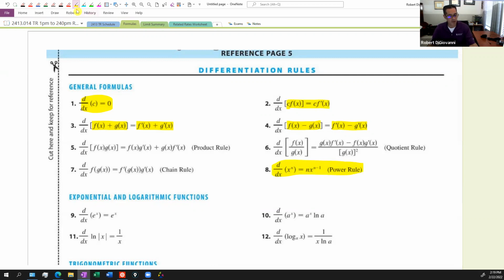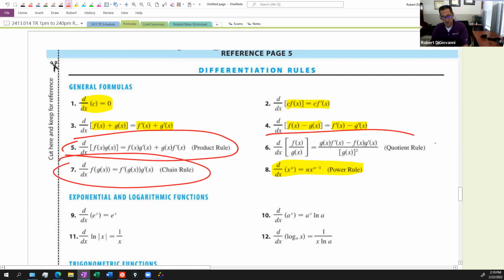We have not covered, okay, so we still have not done this or this or this. These 2, product and quotient, are next class, and chain rule is the class after that. So we know those derivatives in yellow as of today.